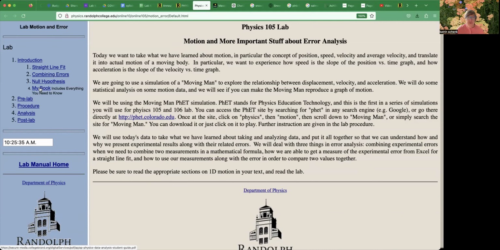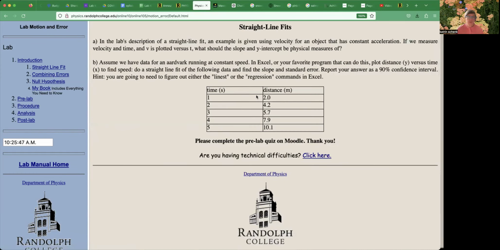And then there is a book that the chair of our department wrote that's really nice. It's a downloadable book. That's all about error analysis and all the things that you might need to know. Okay, now the pre-lab will have this exact data on Moodle. So there's a pre-lab where you're going to be looking at this data in Excel, and you'll have this data on Moodle for you, but here it is.